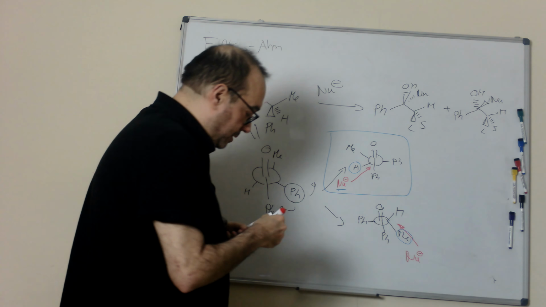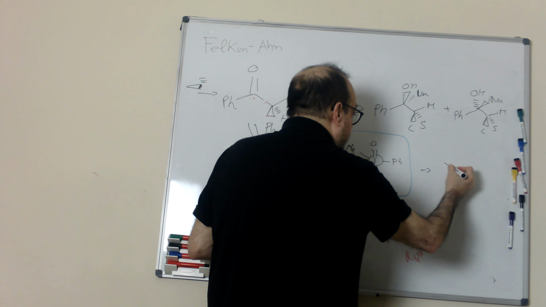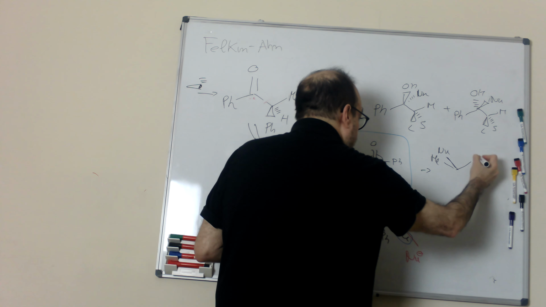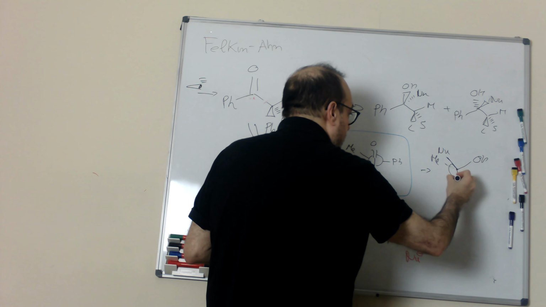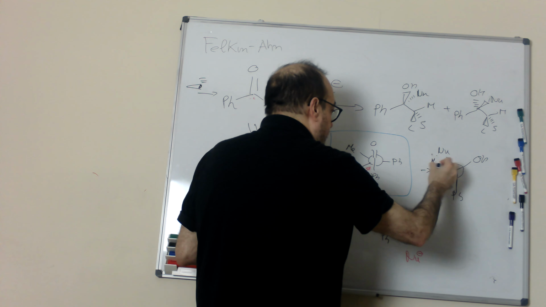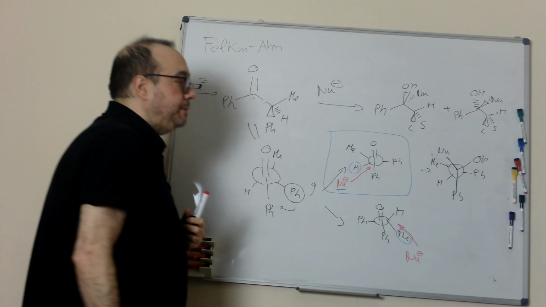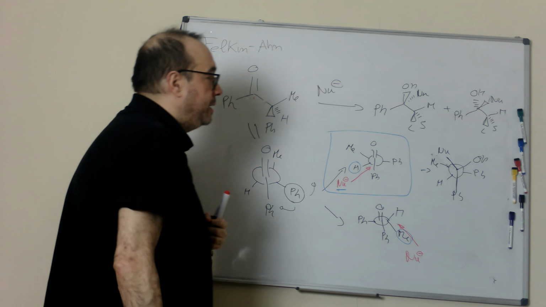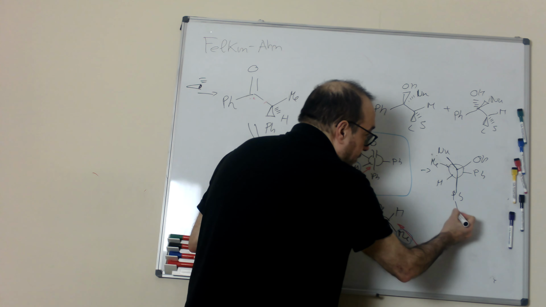If this is happening, the product that I will get will be this one: nucleophile, OH, phenyl, and behind I will have methyl, phenyl, and hydrogen. And then the only thing I need to do is draw the configuration.